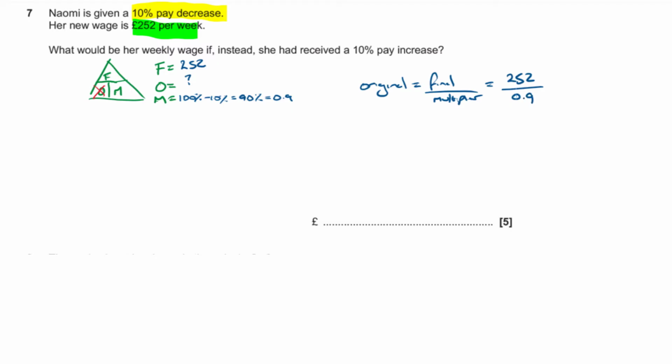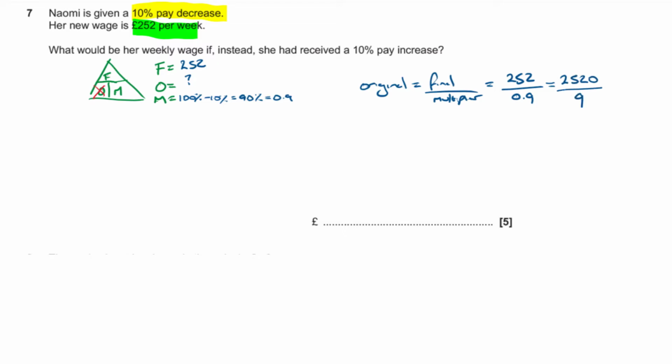Okay. 0.9s into 252. Can we do that? Does it actually even divide by 0.9? Well, I'm just going to times top and bottom by 10 just to get rid of the decimal.